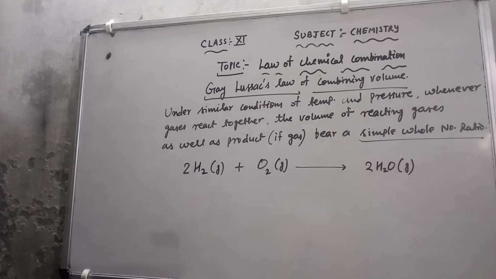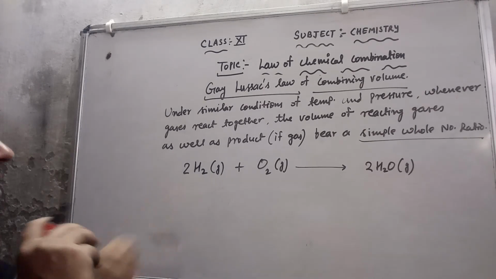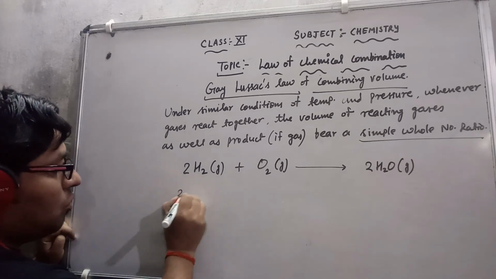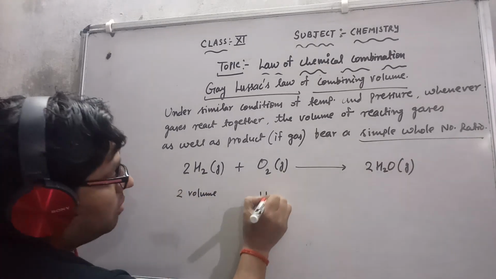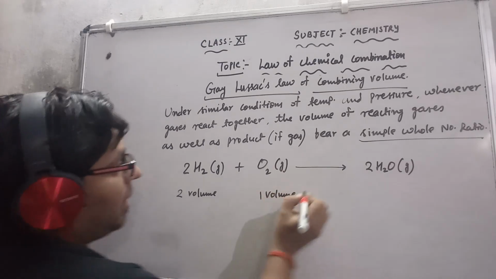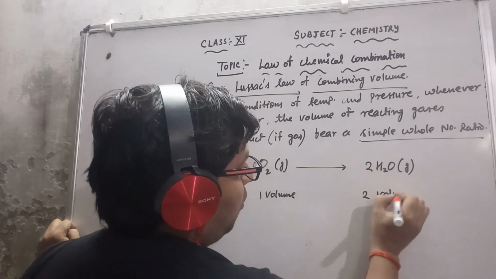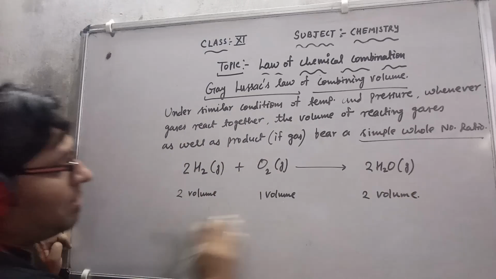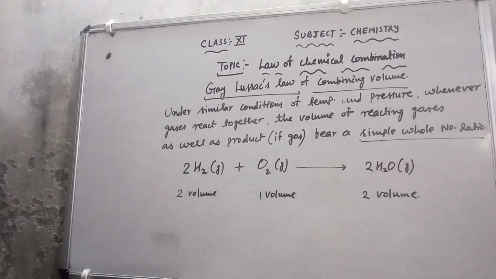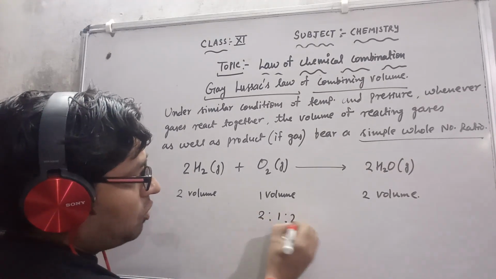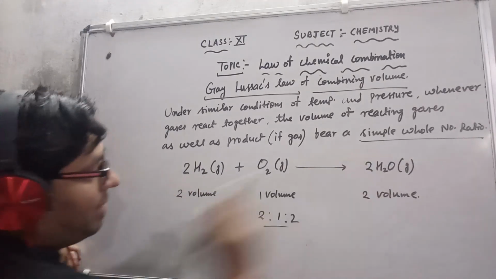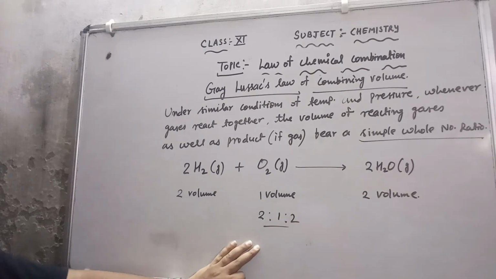So after combining, it is 2 volumes, 1 volume, and 2 volumes, all in gaseous form. The ratio is 2:1:2, all in gaseous form. That is also a simple whole number ratio.